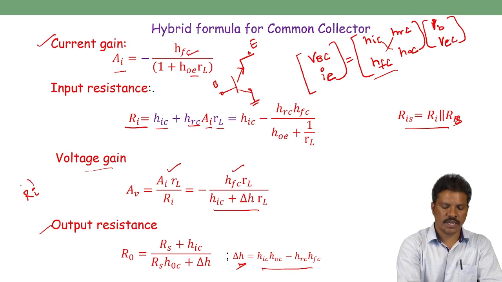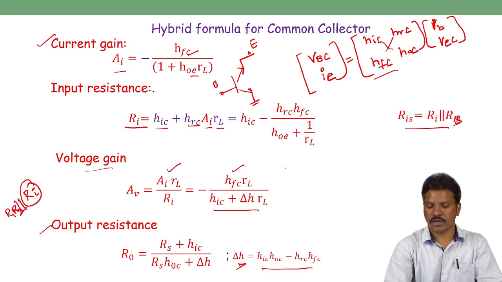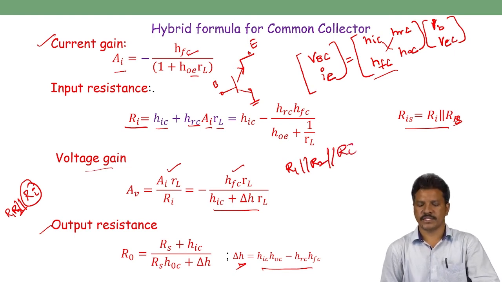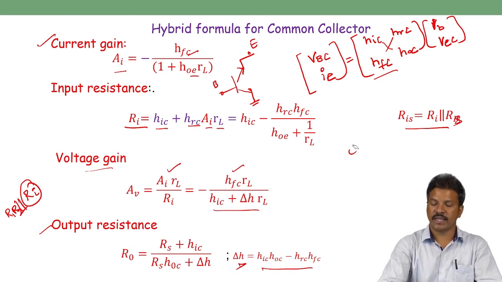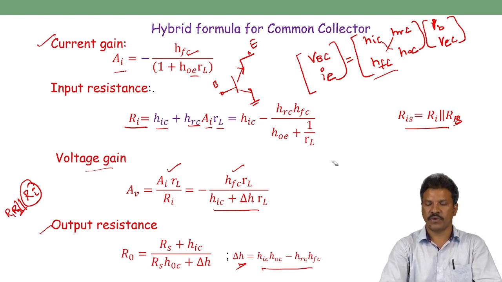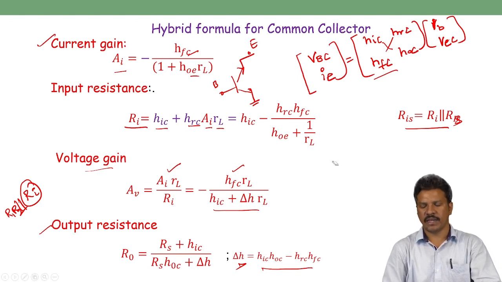It is nothing but this RI in parallel with the parallel combination of R1 and R2. So R1 parallel R2 parallel the common emitter input resistance. This is also in parallel with the source resistance, if it is considered. So while designing a complete amplifier, we consider all the parameters by drawing the equivalent H parameter model.